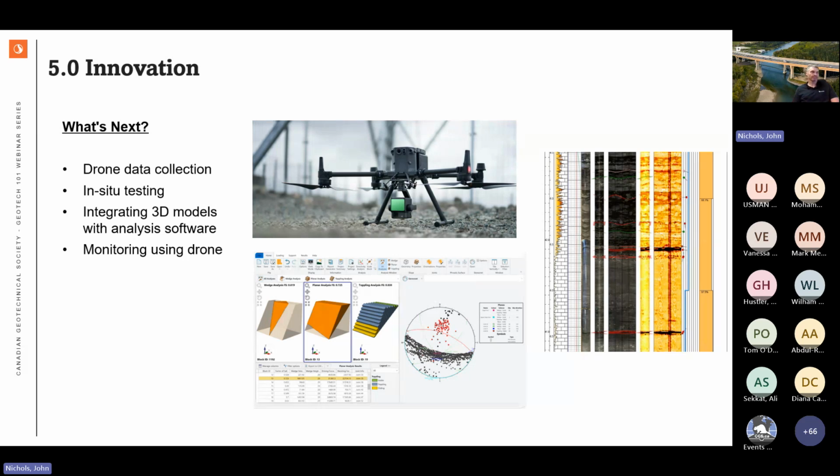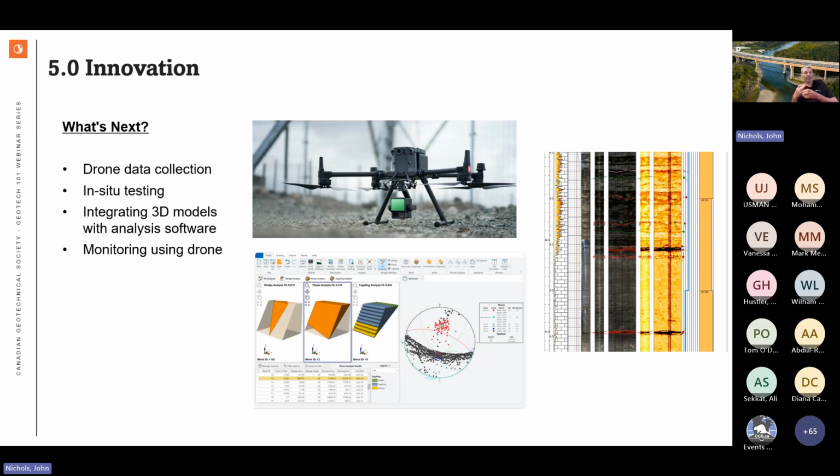And I will say, we also use the drones as a monitoring tool. Sometimes we like to see how the slope changes year after year. If we can quickly perform LiDAR surveys with a drone, we can probably better understand how the slope behaves.